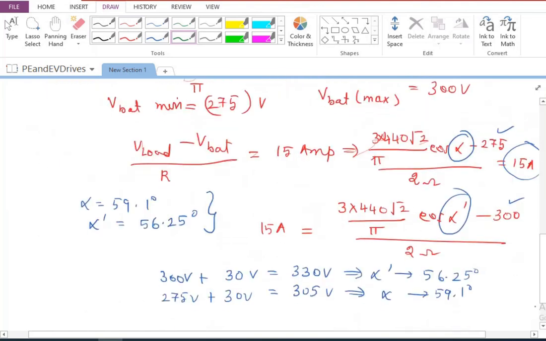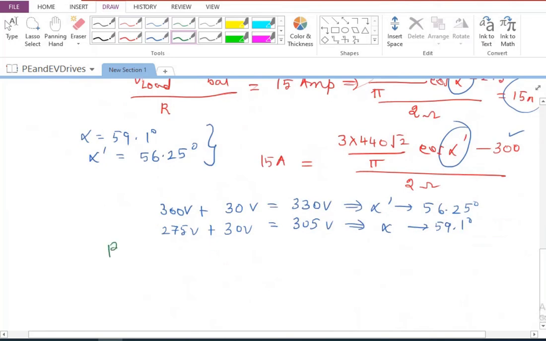And if I see that, what is the power delivered to the battery? That is going to be, if I say it's a 300 volts battery nominally, and 15 ampere is the current, this is going to be 4,500 watts is the power delivered to the battery.